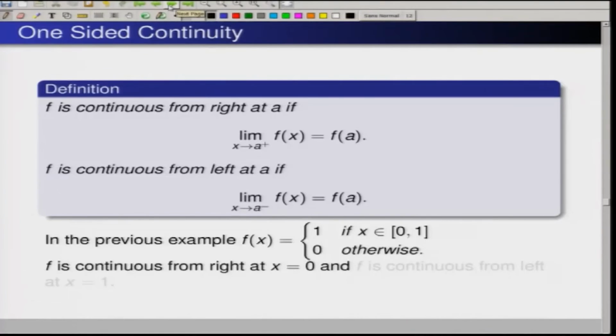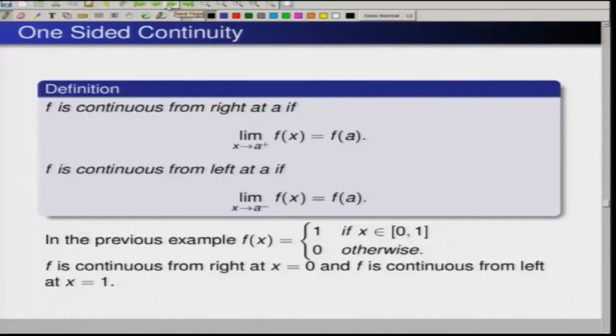For example, in the previous example, the indicator function of the closed interval 0, 1, f is continuous from the right at 0, because f of 0 is equal to 1. Therefore, if you approach 0 from the right hand side, you are going to get the limit 1, and if you approach from the left, you are going to get the limit 0. So, here the right hand limit is equal to 1, which is equal to f of 0. Therefore, f is continuous from the right at 0.